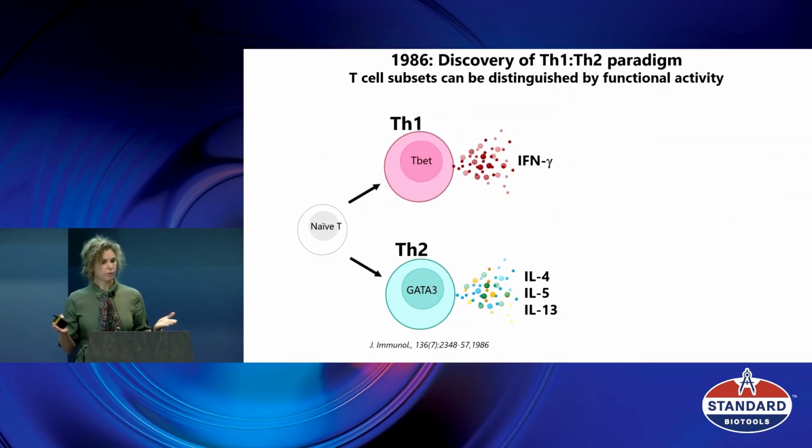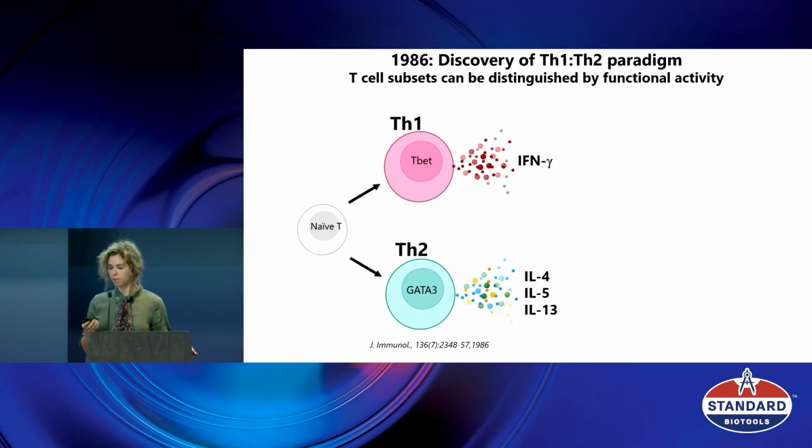So it's been about 40 years now since the existence of different T cell lineages was first discovered, and it was found that the shape of memory T cells can be defined through the environment they're maturing in.